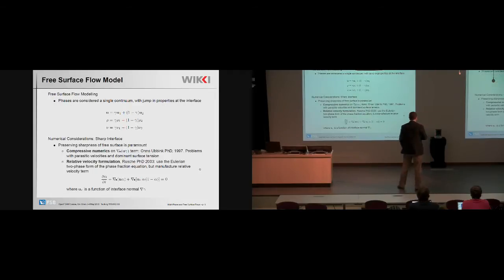So the idea is that I will collapse the two phases on top of each other, which allows me to define a single velocity, single density, and a single kinematic viscosity term by saying gamma u1 plus 1 minus gamma u2, or gamma rho 1 plus 1 minus gamma rho 2, where gamma equals 1 represents fluid 1, and gamma equals 0 represents fluid 2.